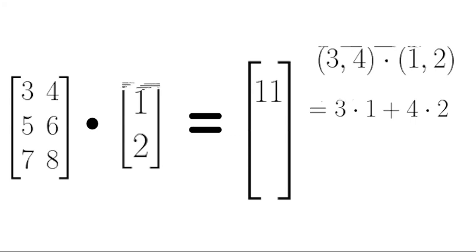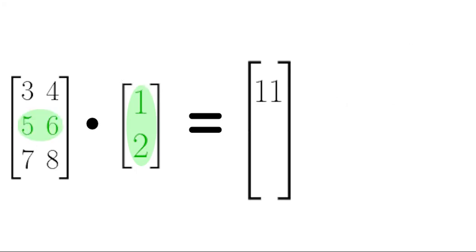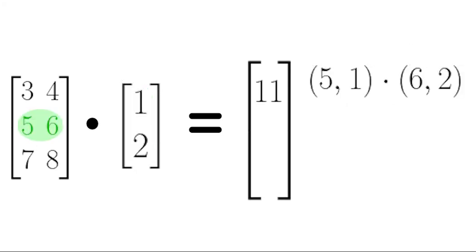Now, since the input matrix is only one column wide, you can move to the next row in the weight matrix. Multiply the matching elements with the first column again and the second row in the weight matrix, and you can sum them again to find the value of the element in the second row, first column in the product matrix. So you end up with 5 times 1 plus 6 times 2. So I hope you have started to notice a pattern.